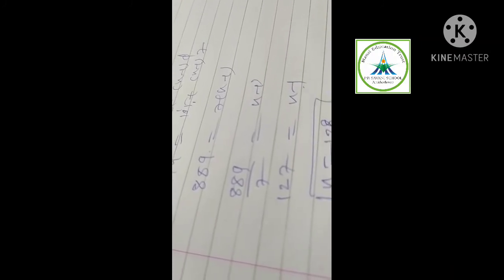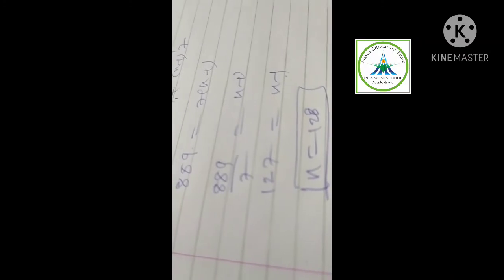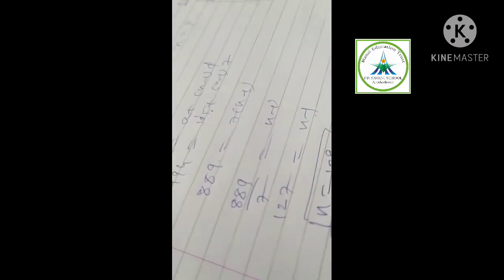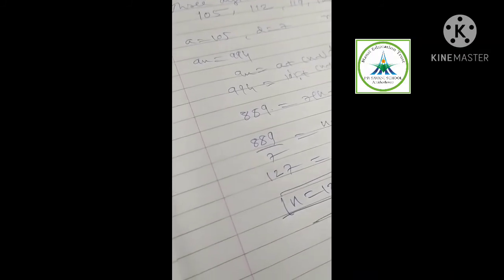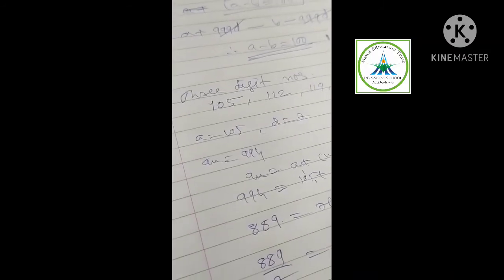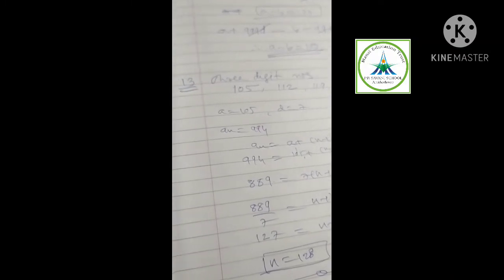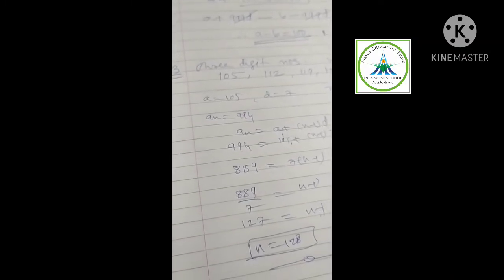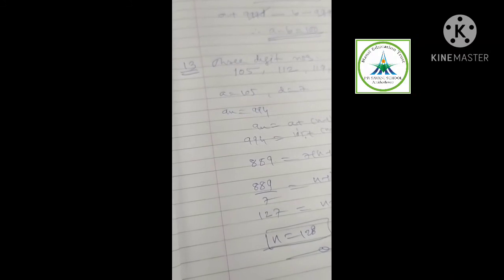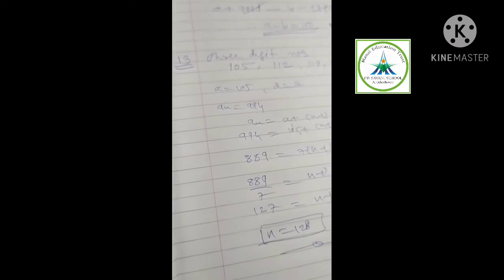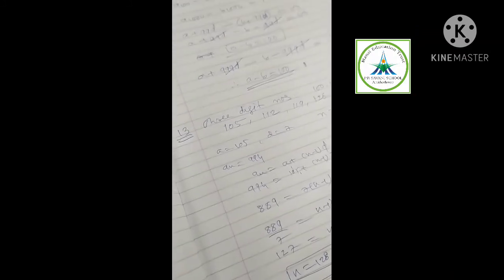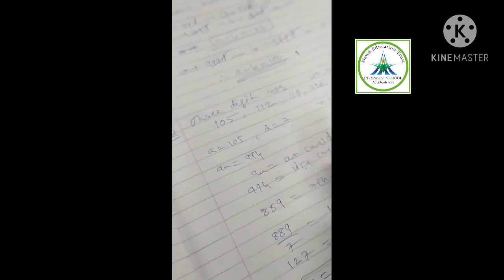See, you got n is 128, which means there are 128 terms which are exactly divisible by 7. See students, this is the first example, very important for you. Please try to understand. Now I am giving 3 examples of the same type for you to do yourself. What is important?